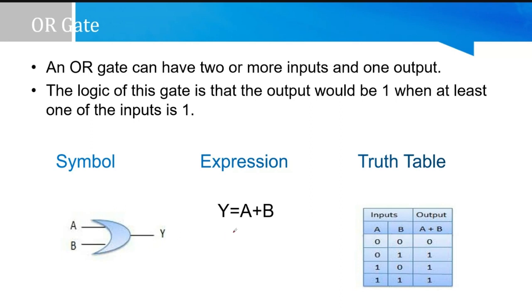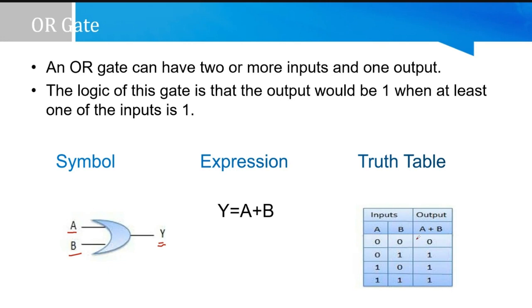Here you can see this is the OR gate symbol. It has two inputs, A and B. Y is the output. In the truth table, there are two inputs, A and B. Since we have two inputs, there are four possible conditions: 0 0, 0 1, 1 0, 1 1.